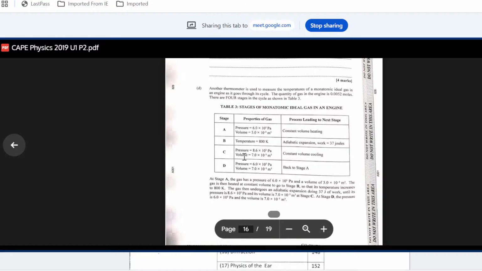Alright, and you have stage A. They give you the values, so they tell you what's happening. At stage A, the gas has a pressure of that and a volume of that.